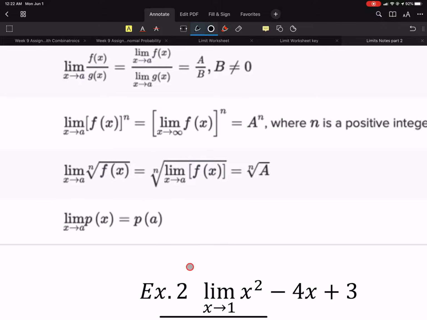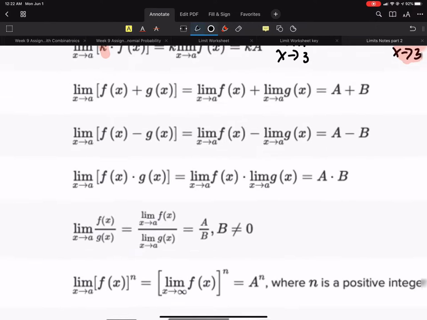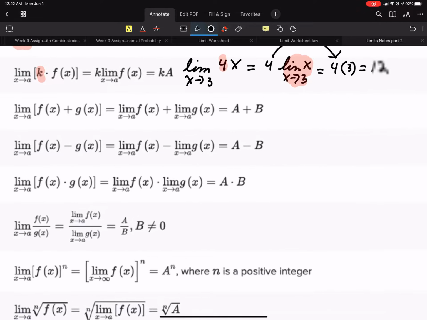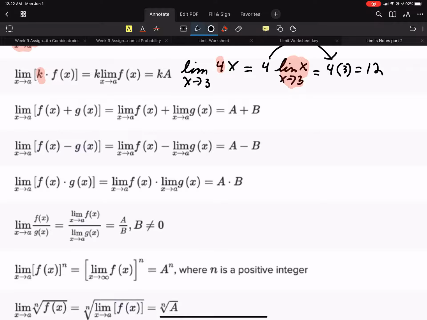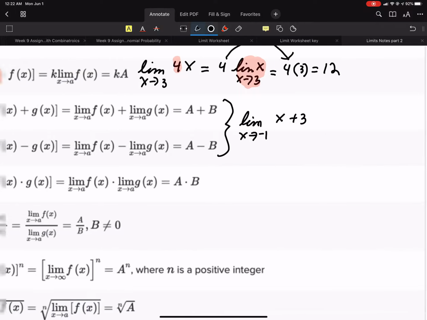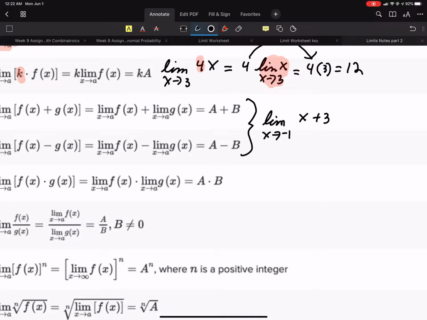So here's another example. I should do at least one or two examples for the above. I will, just a very simple one. So for these two, I'll just use one example. It's going to be pretty similar: the limit as x approaches -1, and we will do x plus 3. Well, what this property is saying, first you have to recognize there's two functions there.